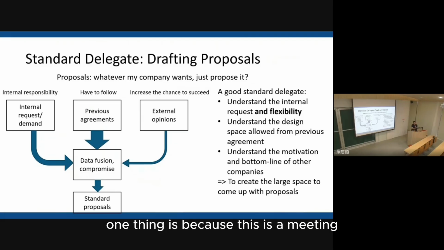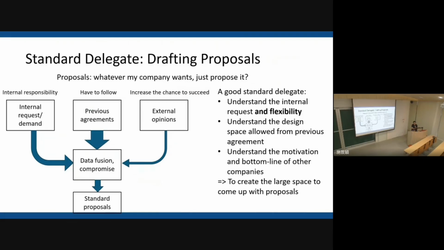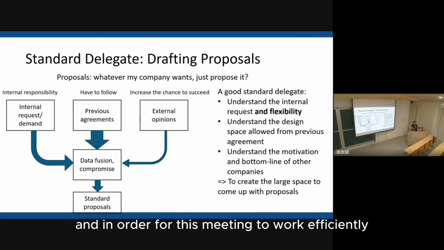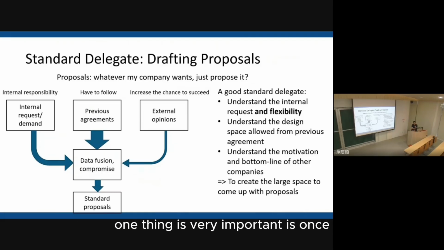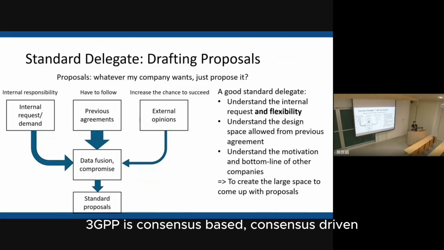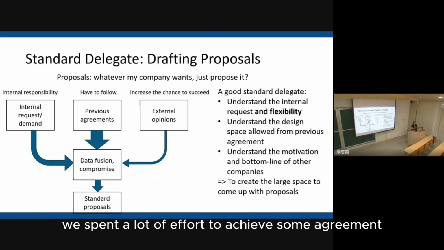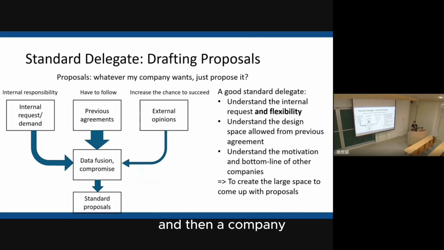One thing is that this is a meeting and a collaboration between different companies, and in order for the meeting to work efficiently, one very important thing is that once anything is agreed, nobody can really touch it. Otherwise, 3GPP is consensus driven. We've spent a lot of effort to achieve some agreement, and then a company in the next meeting says, "Oh no, actually I changed my mind, I'm opposing this agreement."